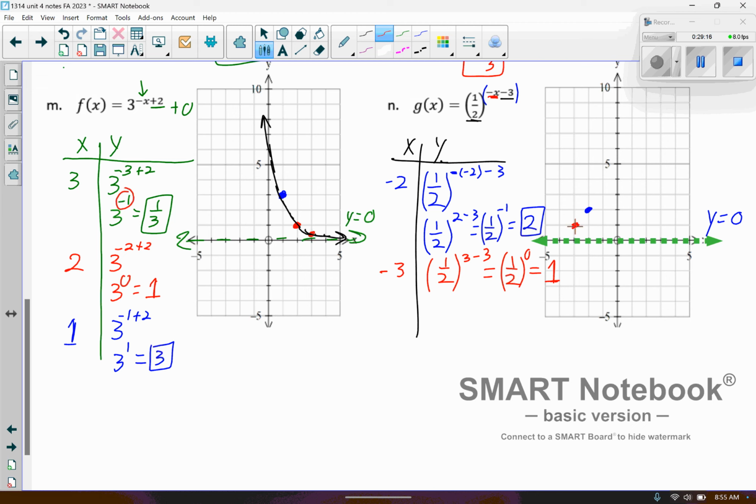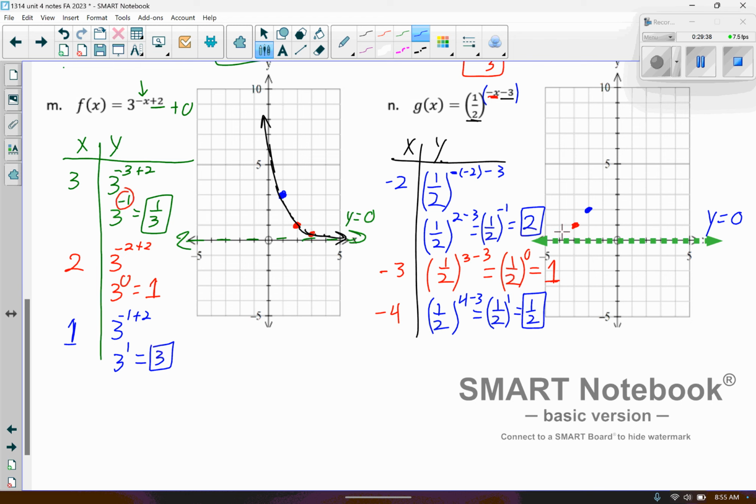Okay. And then now I'm going to go ahead and plug in -4. So when I plug in -4, it actually is going to turn that -4 to a +4 minus 3. So I get 1/2 to the power of 1, which is, well, just 1/2.